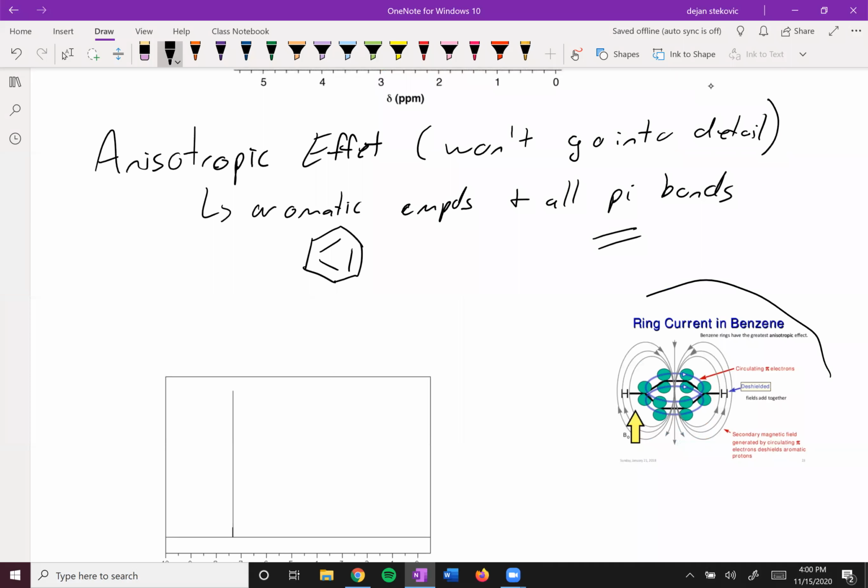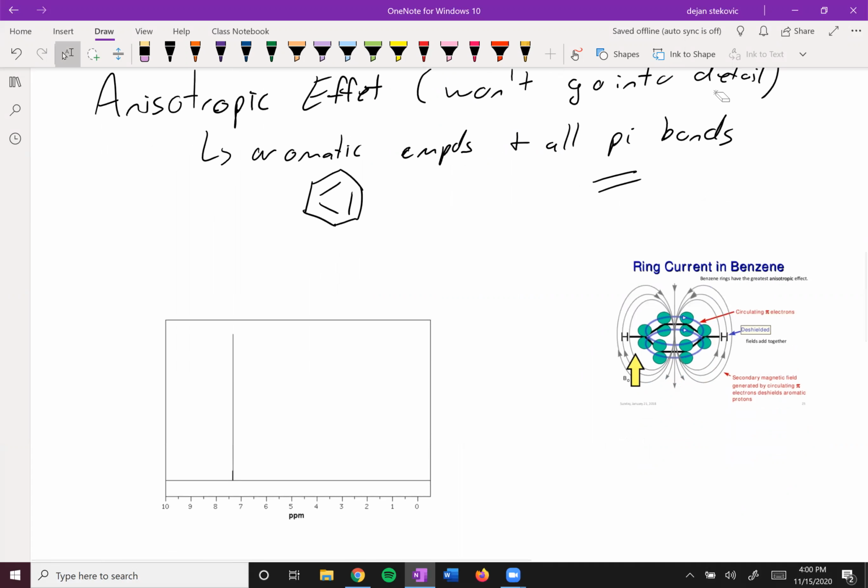I have this kind of picture right here. You can watch it, or you can look at it and try to decipher what's going on here, or you can do some Googling. It doesn't matter. So over here to the left, we have the NMR of benzene. And so in benzene, all of the protons are exactly the same. And as you can see, this proton is quite deshielded, having a ppm of something like 6.5, right?